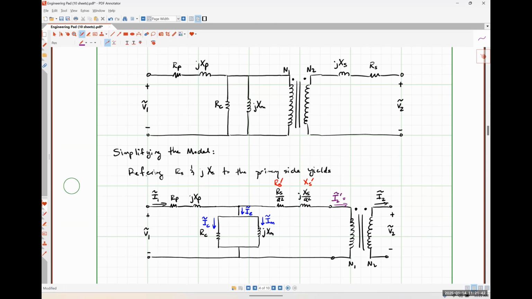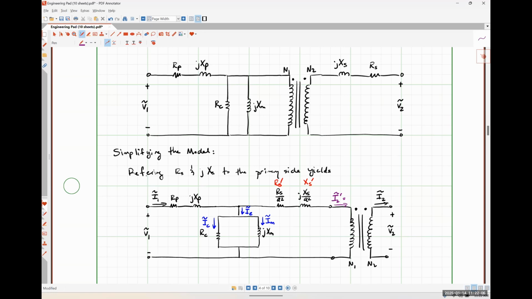And it is the secondary current referred over to the primary side. So it's not I1 per se, because we have a practical transformer, but it's going to be something similar to I1 because it's the current on the primary side.